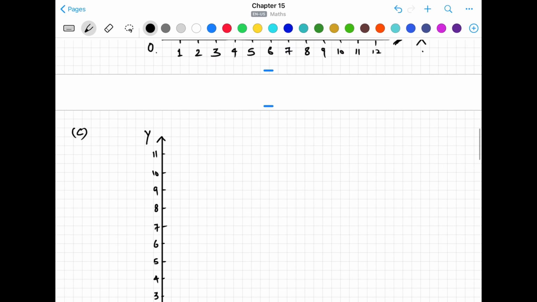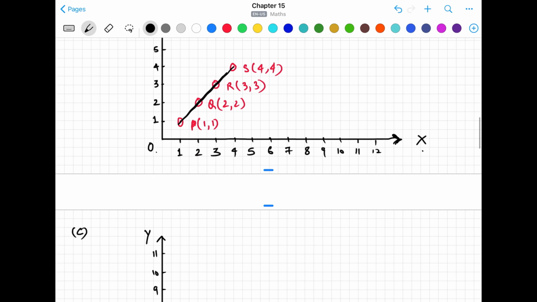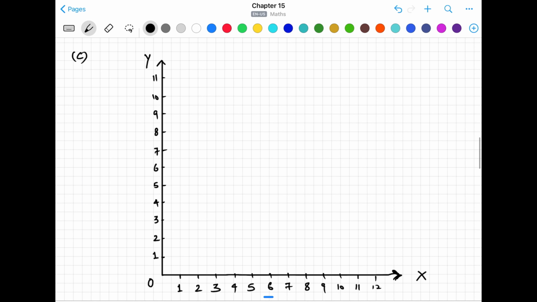Now let's move to part C. We have now points K, L, M, N. K is 2, 3. Again I have marked the axes, x-axis here, y-axis here, and origin O. The first point is K. The coordinate of K is x is 2, so which is here, and y is 3, so I'll move 3 places upward.